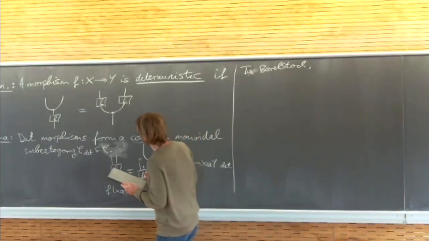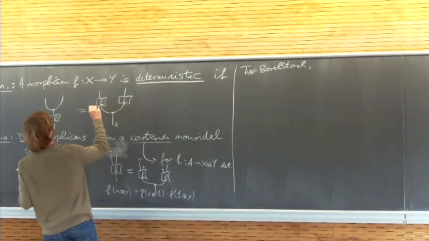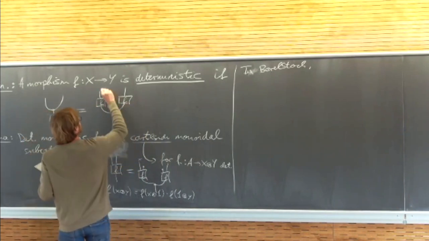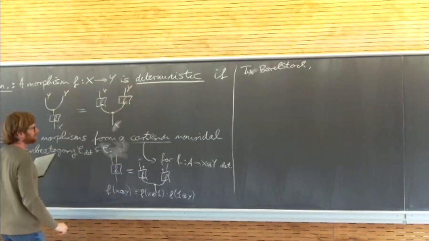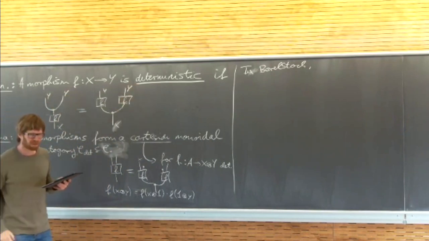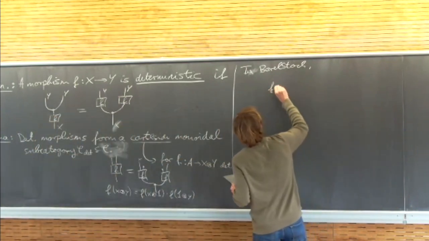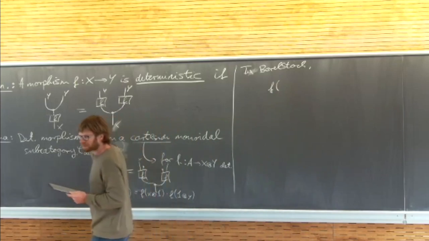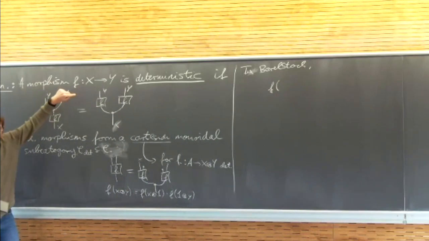And maybe I should introduce, yeah, X, Y, label these wires just to be clear about what sort of the typing is. And so in BorelStoch, the way that you can approach such an equation with multiple outputs is just by seeing what happens when you choose a measurable subset for each output.